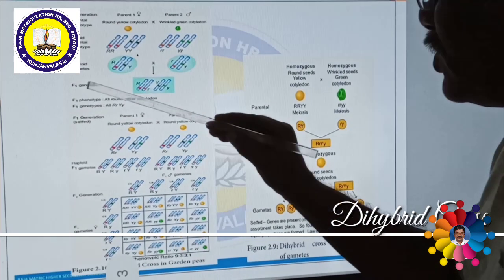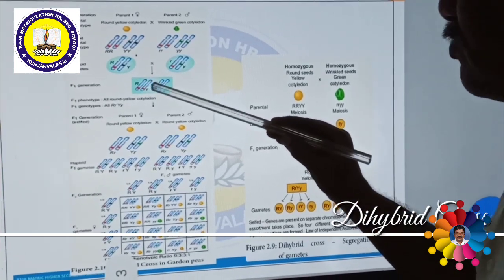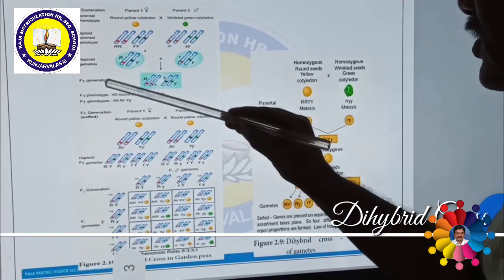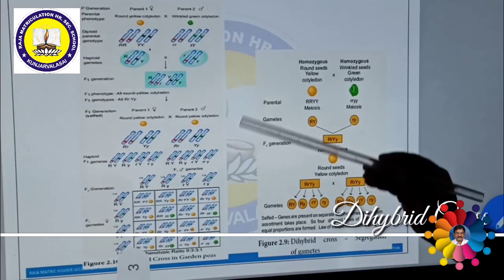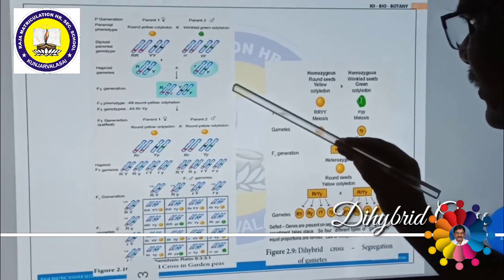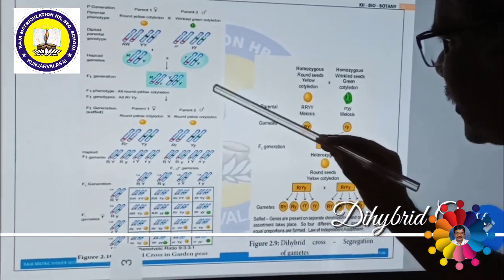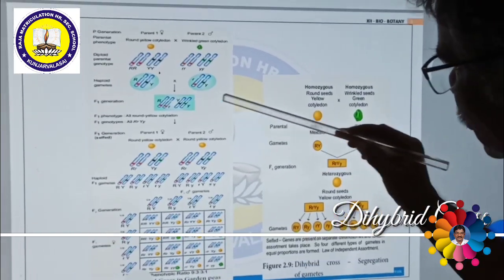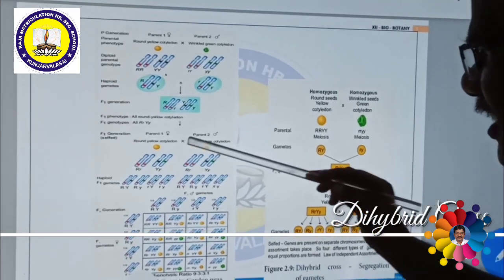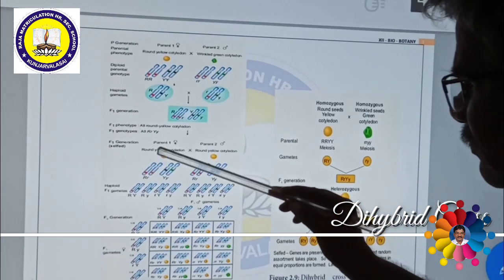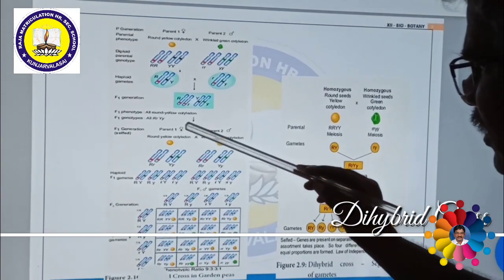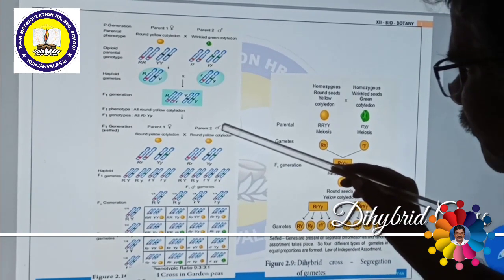Okay. So the F1 generation has capital R, small r, capital Y, small y. If it is self-crossed, it means capital R, small r, capital Y, small y is crossed with capital R, small r, capital Y, small y. This is called a self-cross. See here, this is the F1 generation. It is self-crossed. Suppose this is the female parent and this is the male parent.